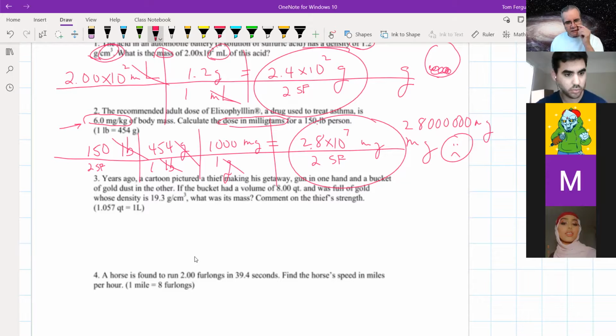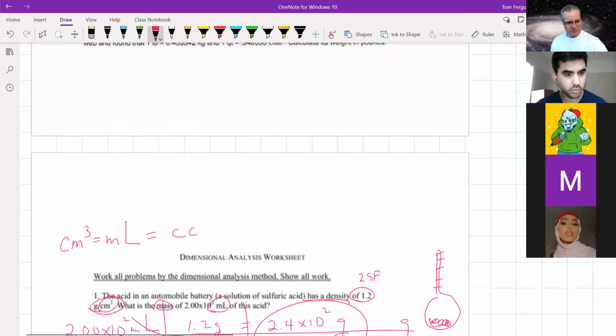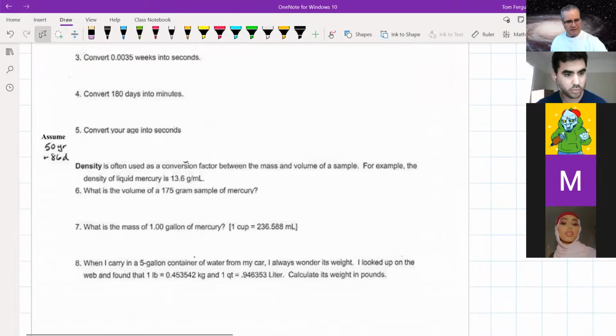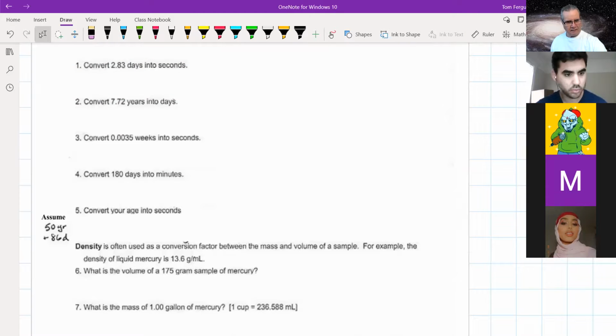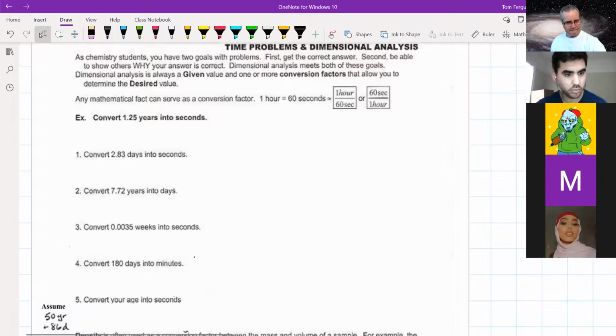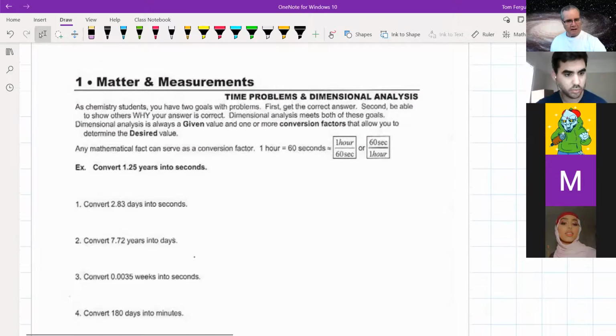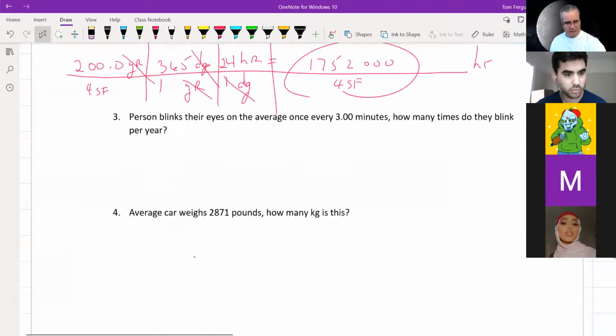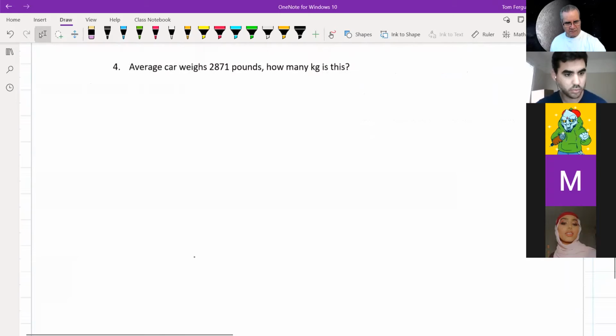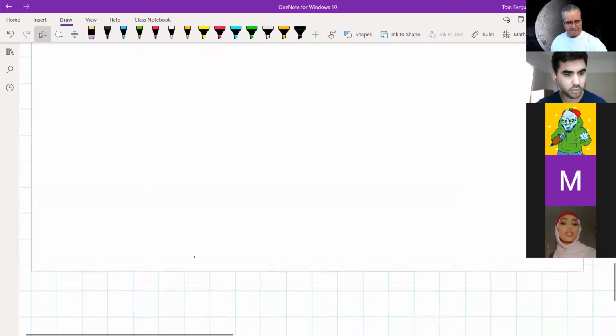Okay, were you guys okay with most of these problems on the extra dimensional analysis? Okay, let's look at the worksheet.